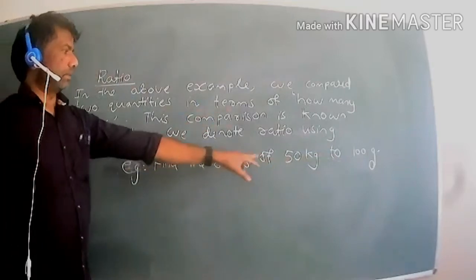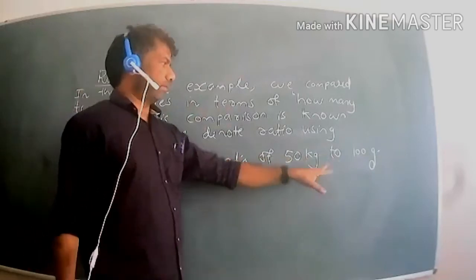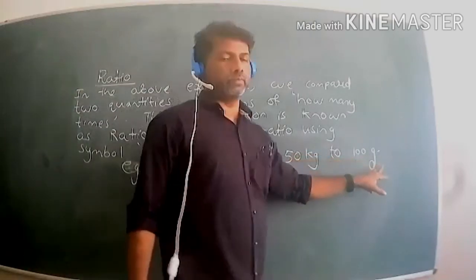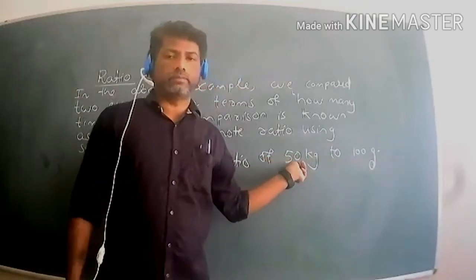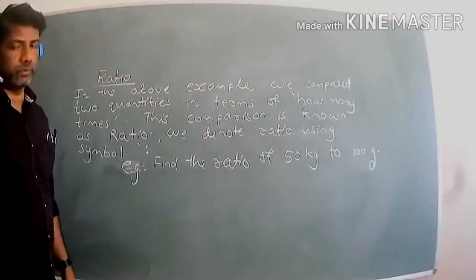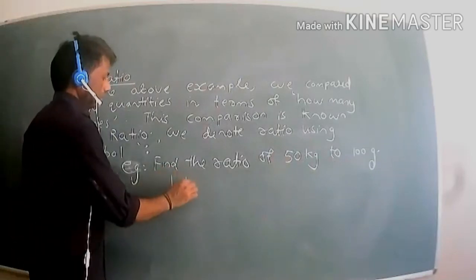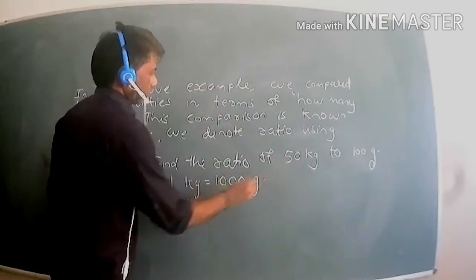Here you see, the first one is in terms of kilogram. The second one is in terms of gram. So we have to convert this kilogram into gram. How many grams make one kilogram? You know already, 1 kg is equal to 1000 gram.